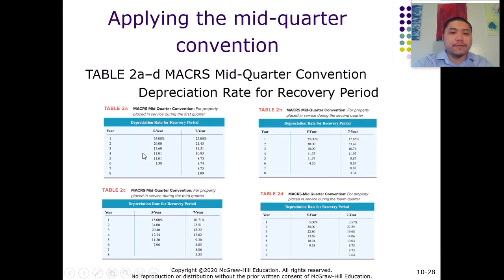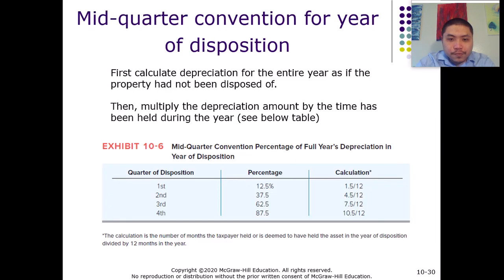First quarter, 5 years, the rate is going to be 35%. And the machine is put into service in the fourth quarter, and it's a 7-year recovery period asset, so the rate here is going to be 3.57%. So let's get back to our problems.